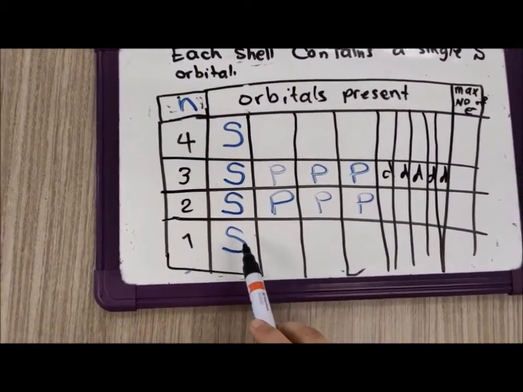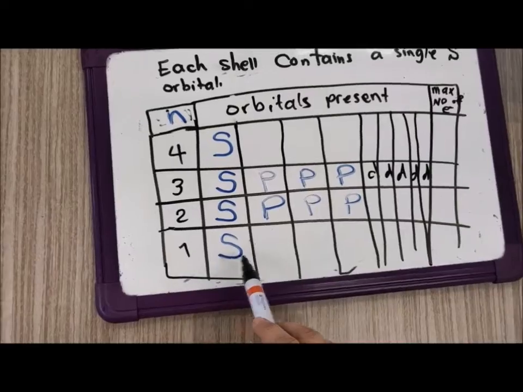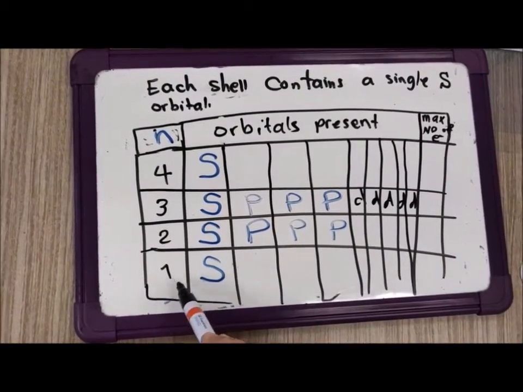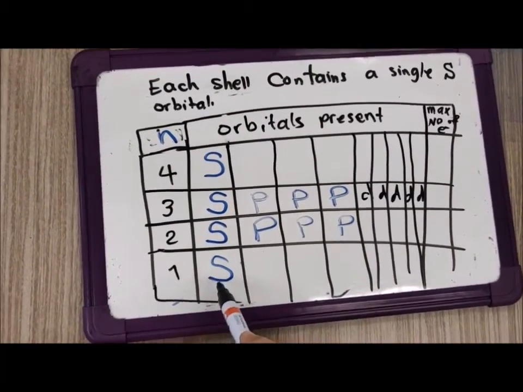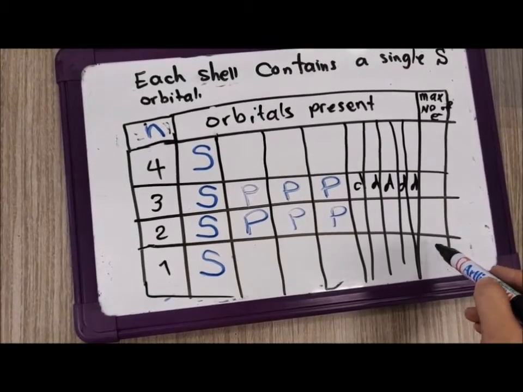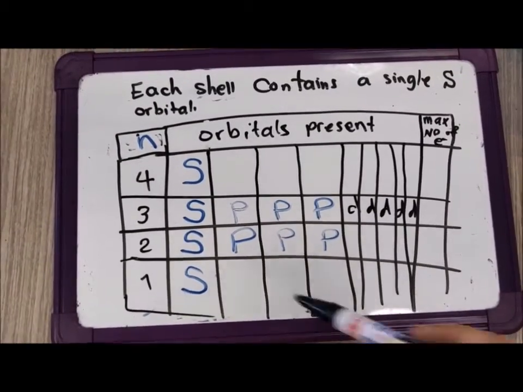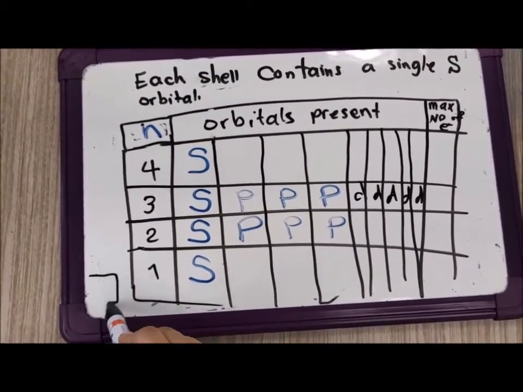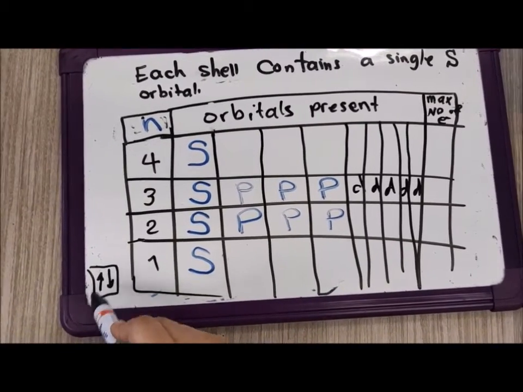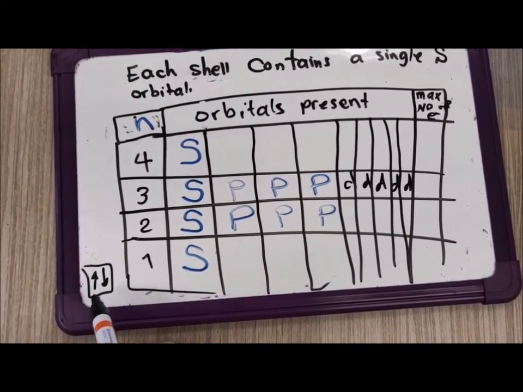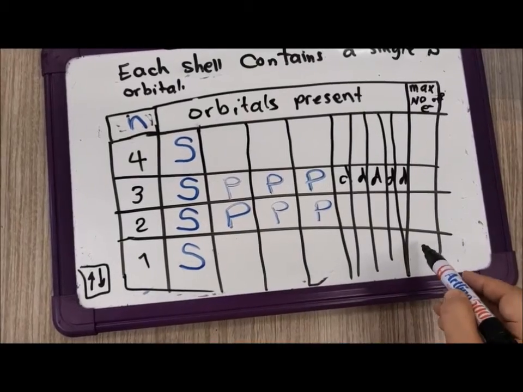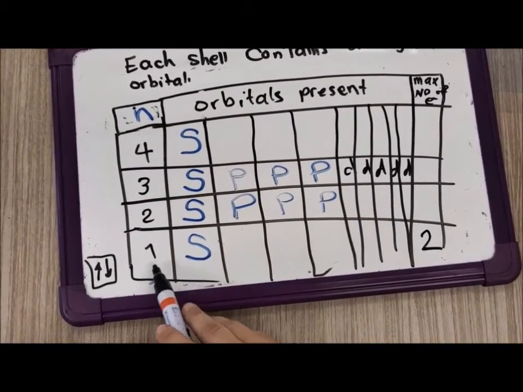Okay? So till now, if you want to calculate the maximum number of electrons on each shell, s carries 2. You know that the s orbital carries only 2 electrons in opposite spins. So what does that mean? It has a maximum of 2 electrons on the first shell.